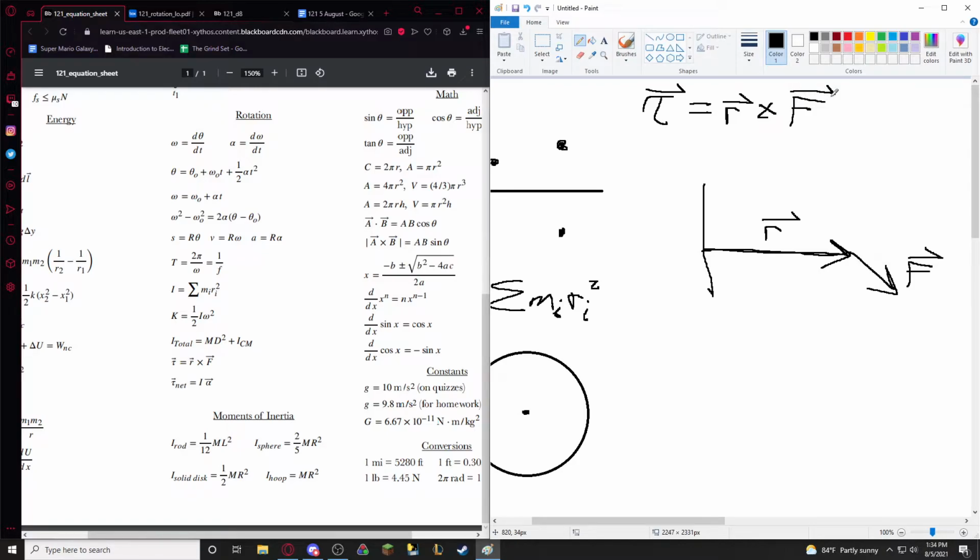What exactly is a cross product? Oh, the cross products.